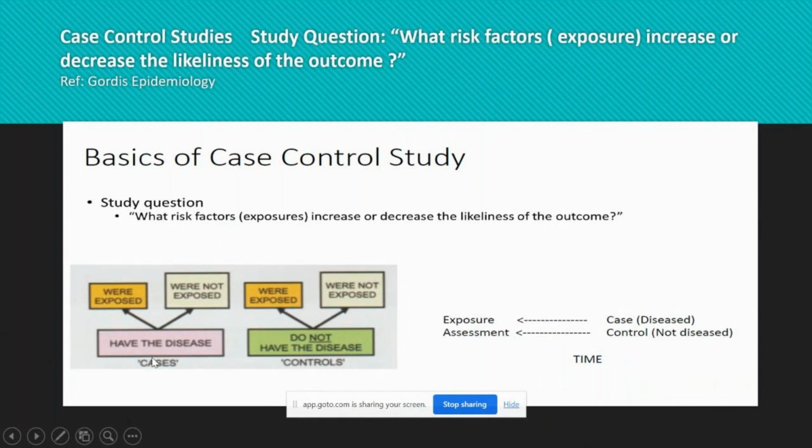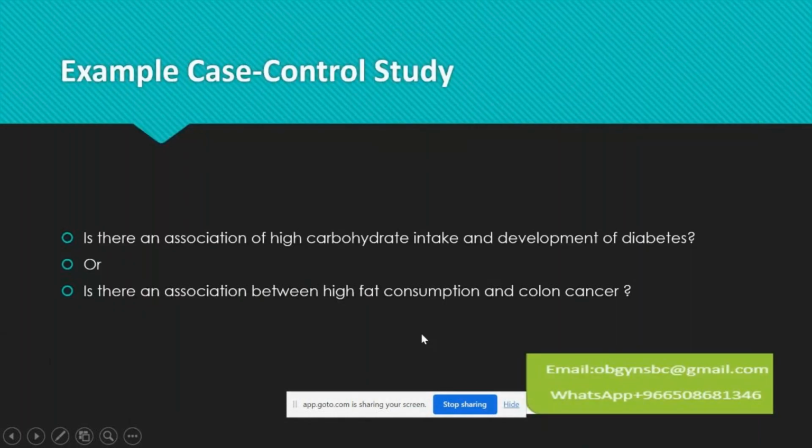In the cases, we would like to see whether they were exposed or not exposed. Similarly, for the controls, we would want to see whether they were exposed or not exposed. If I give you certain examples of case control studies to make my point, we can have two examples.